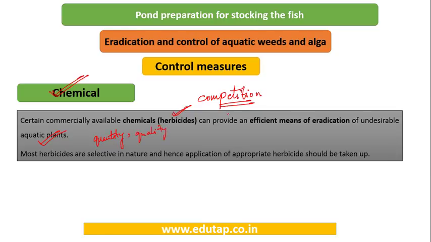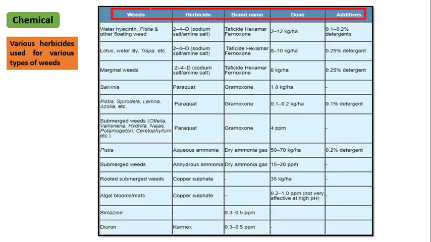Okay, now what do you need to learn when it comes to examination? So here you can see a tabular column. Now it is not possible to just memorize the entire tabular column, but what you can do is, first of all, in the left, the first column that you're seeing, you have a list of weeds that are given. Now what you need to do is make sure that you know the names of all these.